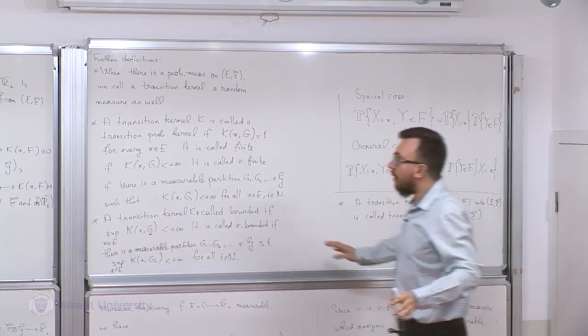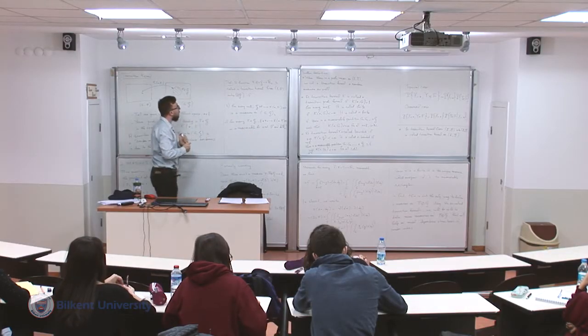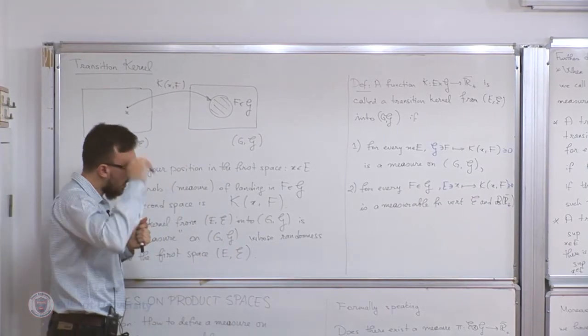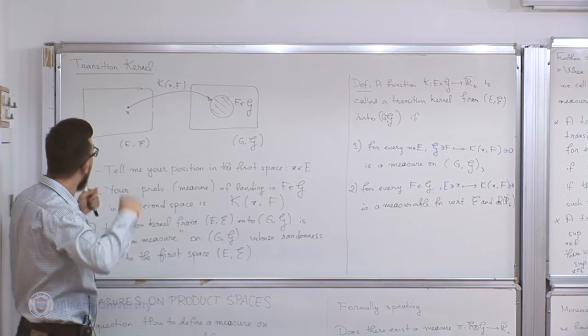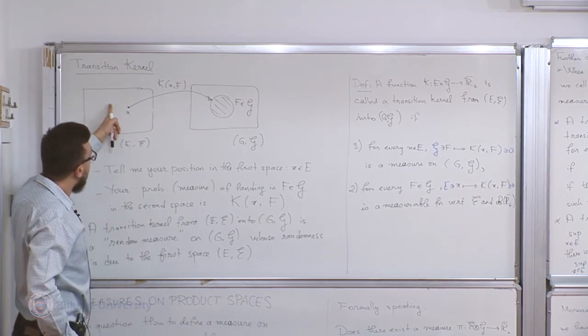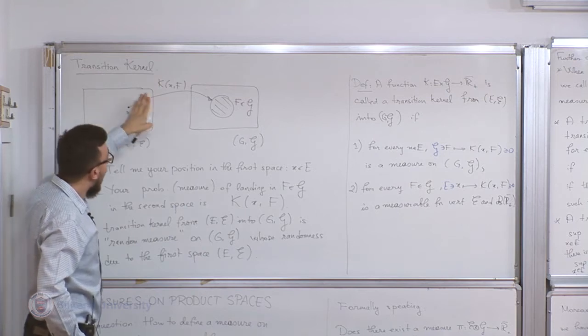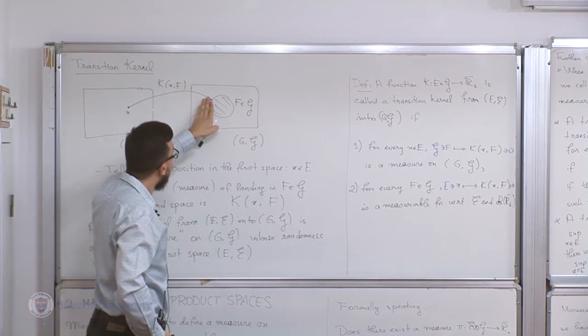But the important point is here, is the main definition. Okay? This is my position in the first space. If I know my position in the first space, I know with what probability I will land in the set.